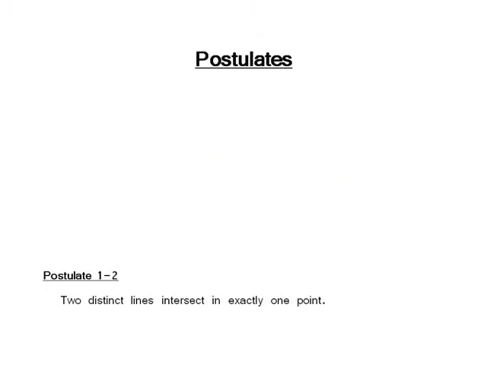The next postulate, which is postulate 1-2, says 2 distinct lines intersect in exactly 1 point.